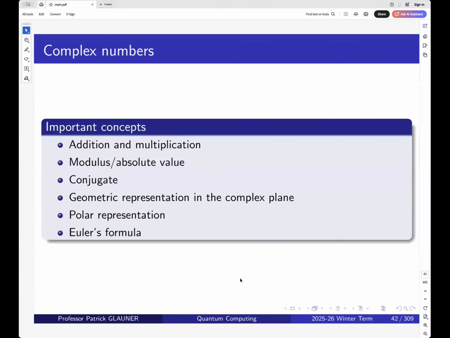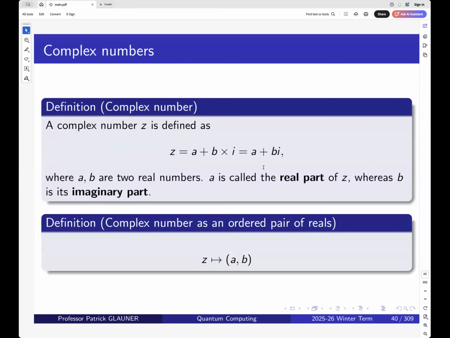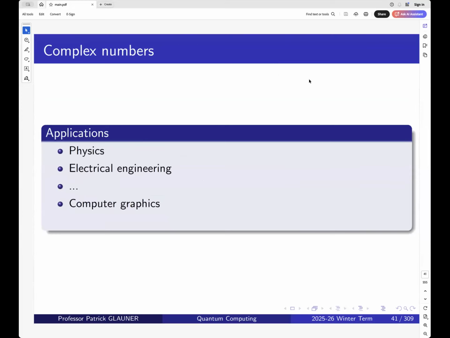We will switch back to the slides for a moment. So here in the slides, we've skipped one slide, but I've shown you this on a whiteboard, that the complex number is a plus b times i. We've written this down. We've looked into applications. We've seen some from physics, from electrical engineering.